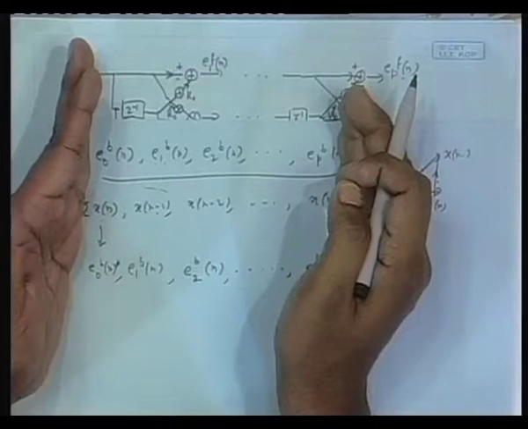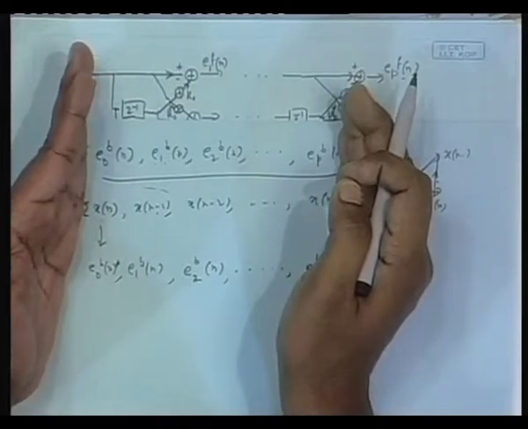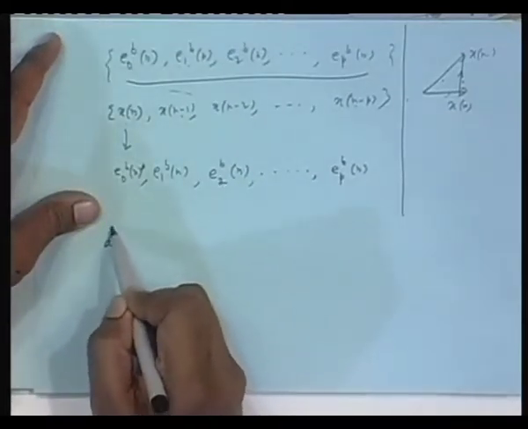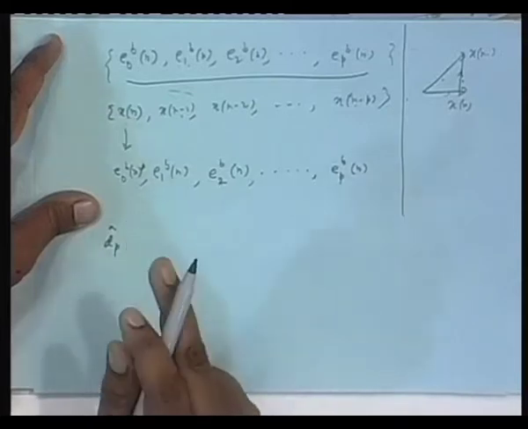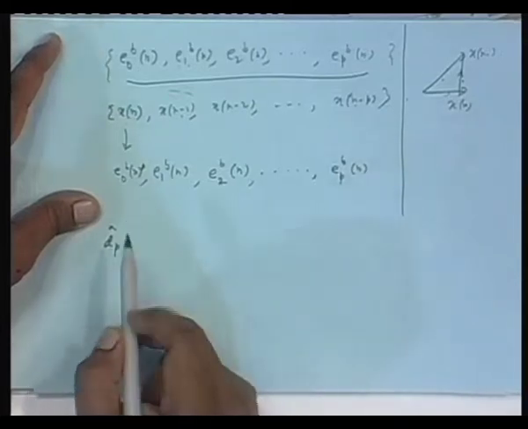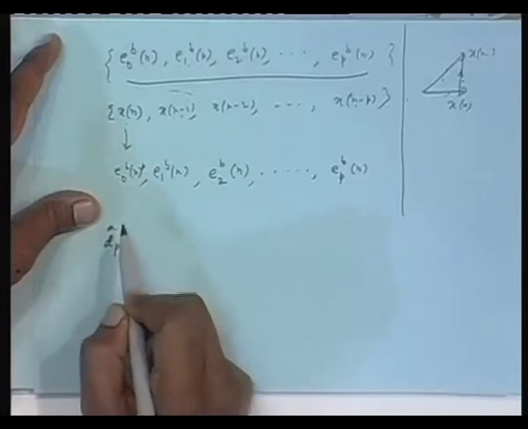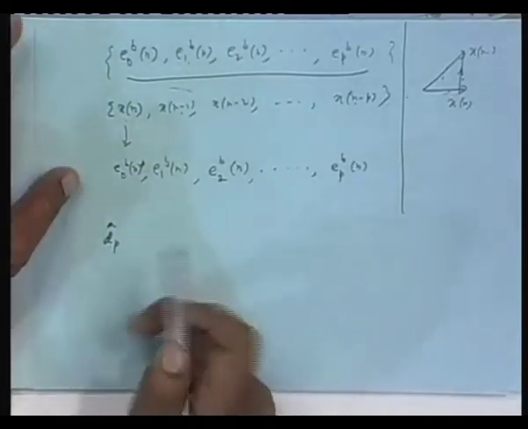So, you understand, I can do order recursive optimal filters. That is, from now onwards, d p, if I call the filter output, d n is the external one, the pth order projection, and I am calling cap the estimate, projection and estimate are the same.